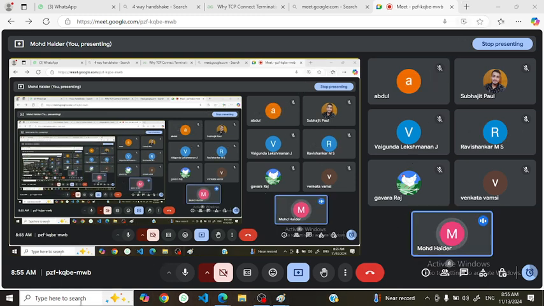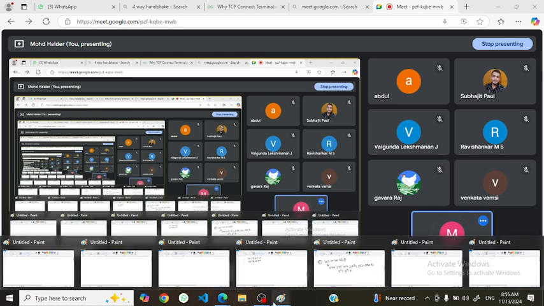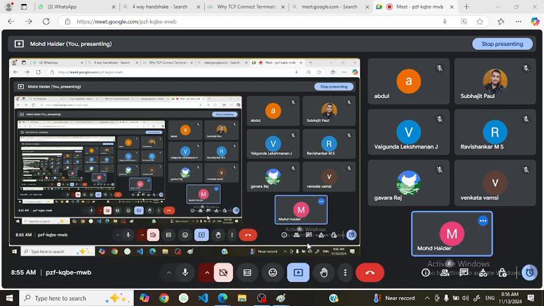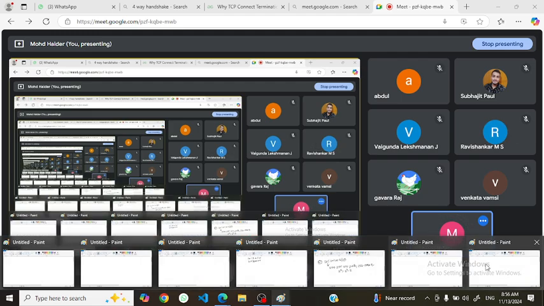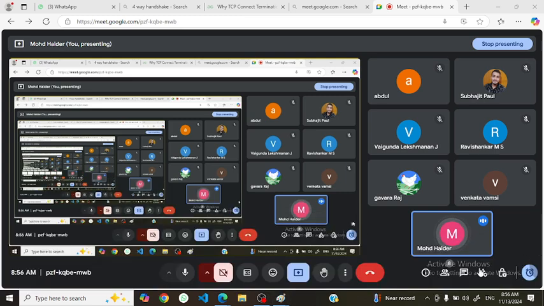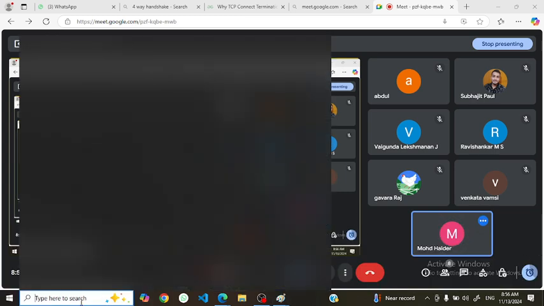Why is it hanging? Does anybody have any idea why it is not opening? Paint. I want to continue in the same way. Let me check after this class. It is only happening today.